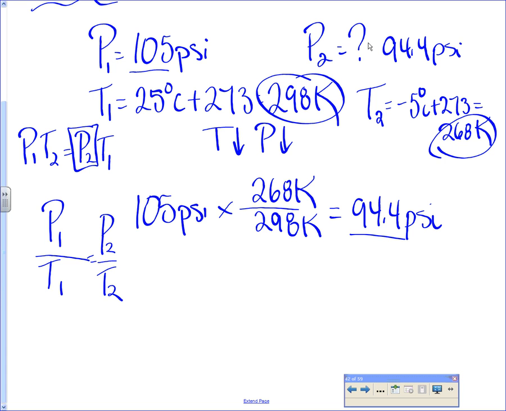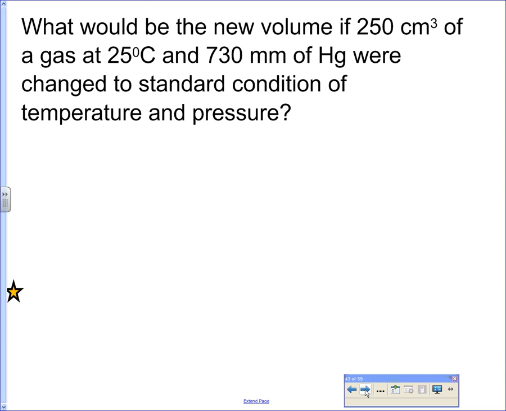Now I'm going to do another problem, but this one is not going to have anything constant, just the particles. So I'm going to look again and label everything that they give me. I'm given 250 centimeters cubed, well, that's a volume, so I'm going to call that V1.